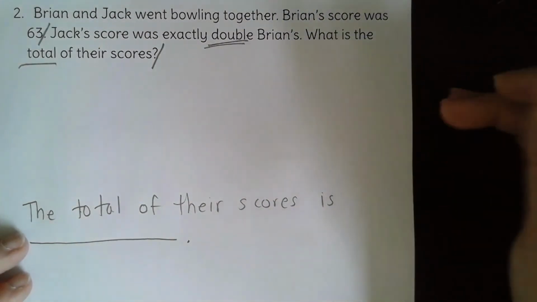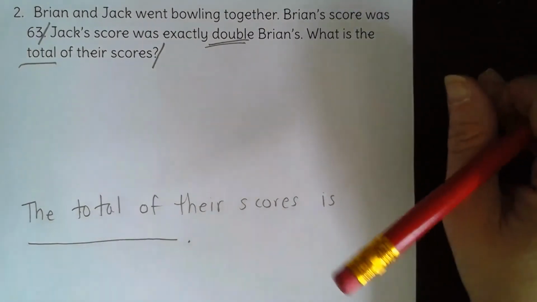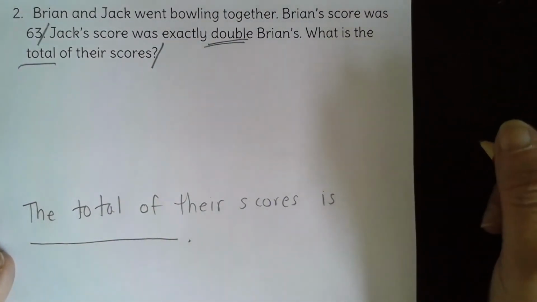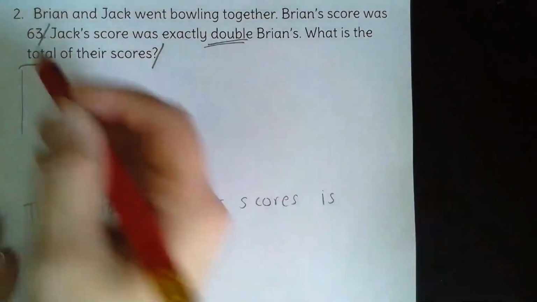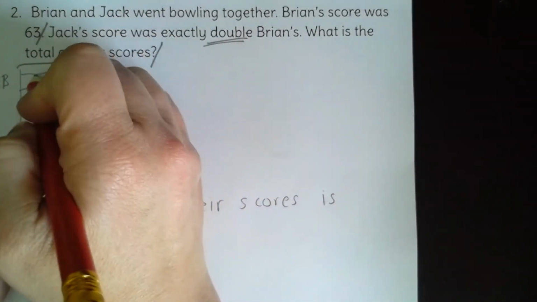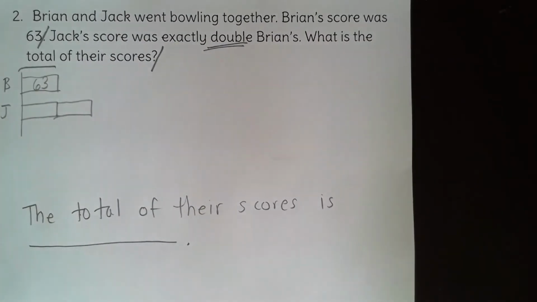Okay, so what do I know? Stop and think. Okay, I know two guys are going bowling. I know Brian's score. And I don't know Jack's score exactly, but I do know something. I know Brian's score is 63. And I know not everyone likes to use bar models, but this is a great place to think about using one. Because if I know that Brian's score is 63, if I know that Jack's is double that, that kind of helps me set up an idea for what Jack's could be.